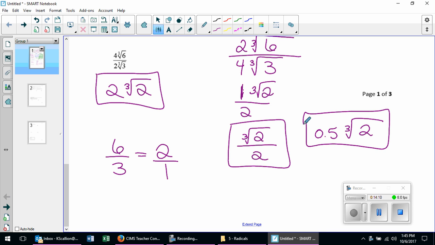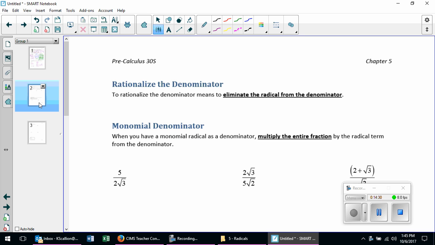This and this are equivalent expressions. Woo! Be prepared for that because it's coming at you. 2/3, 1/3, 1/5, 2/5, things like that. You're going to get a fraction. Sometimes they don't break down nicely like this. This is a very nice answer. Okay, you ready? Are you emotionally ready?